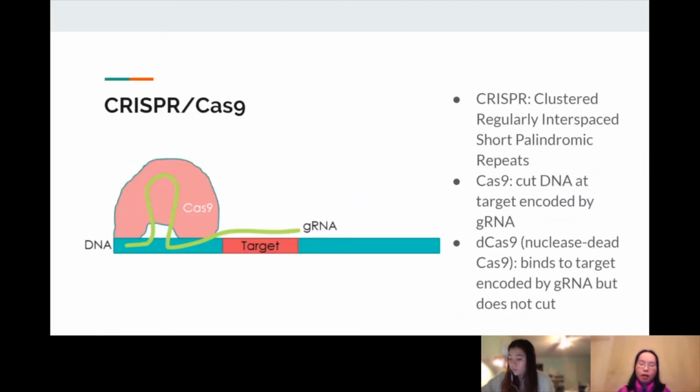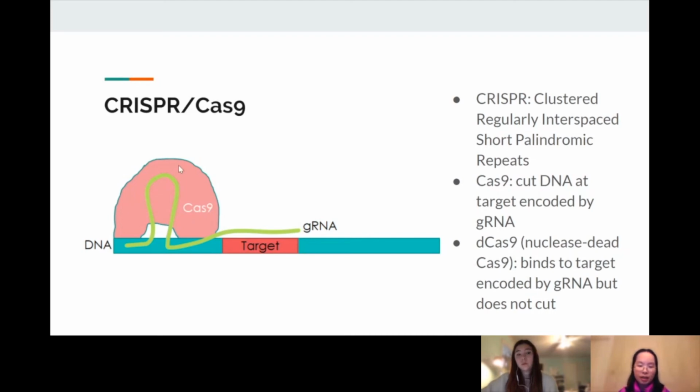The DNA editing mechanism relies on CRISPR-Cas9, so I just wanted to give a quick introduction to this. CRISPR stands for clustered regularly interspaced short palindromic repeats. These systems were discovered in the bacterial immune system, in which you have these repeats that contain certain instructions for proteins to cut specific pieces of DNA.